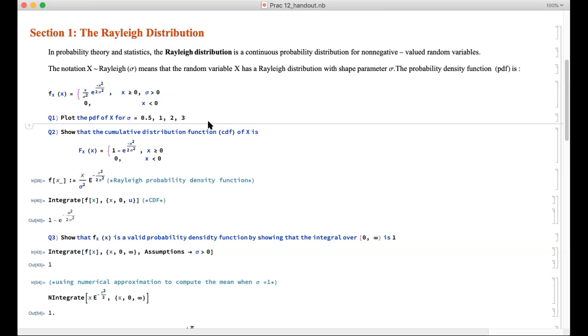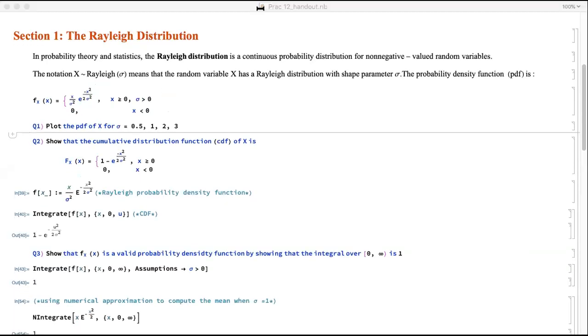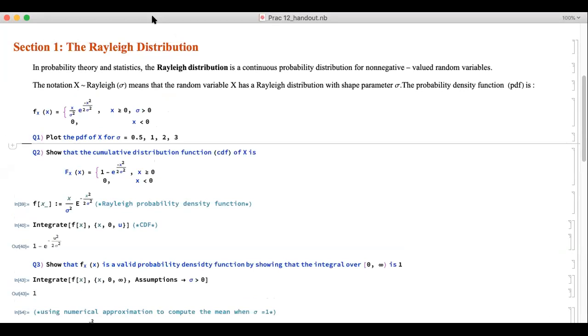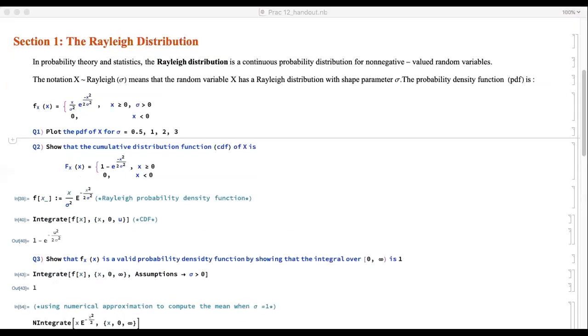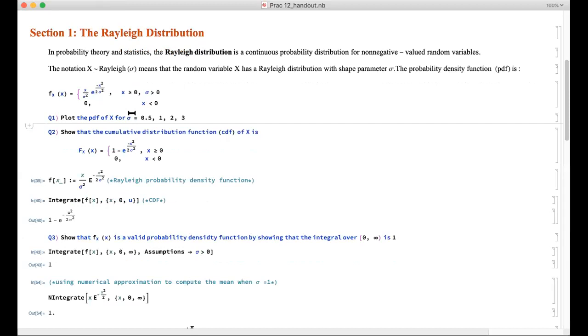How does it look, for example, when sigma is 0.5? Has anyone plotted it?